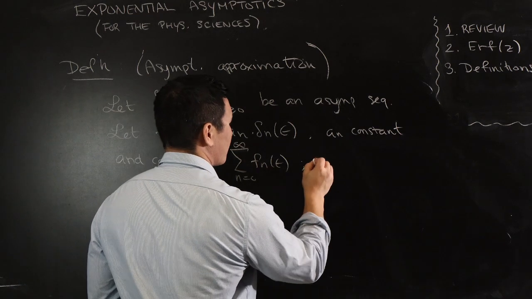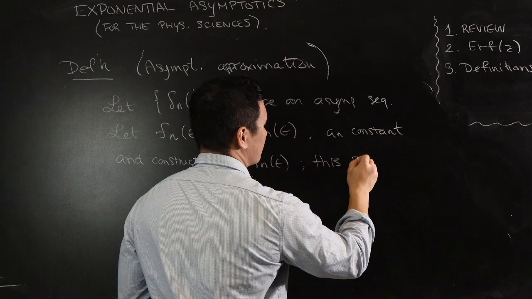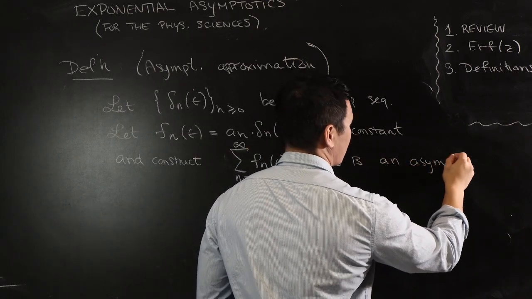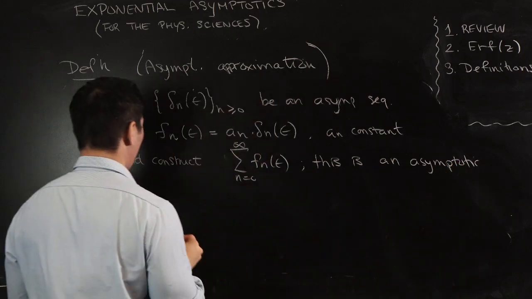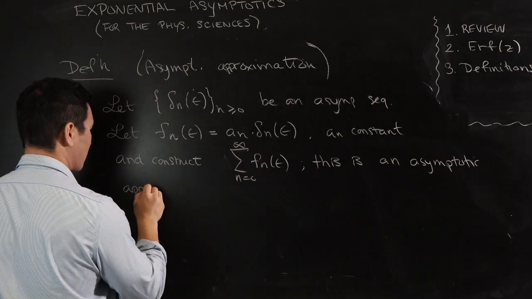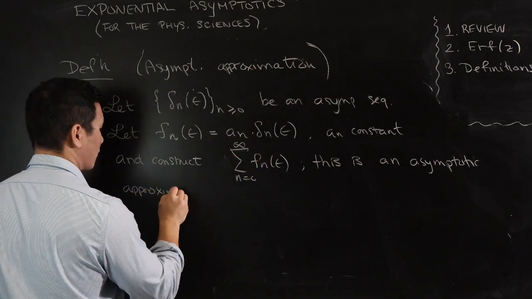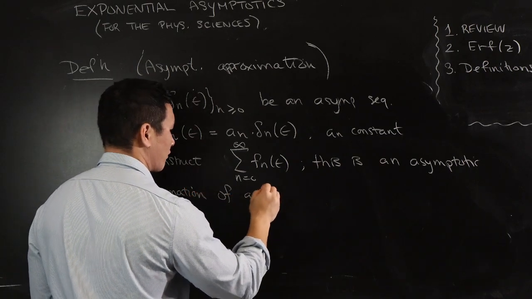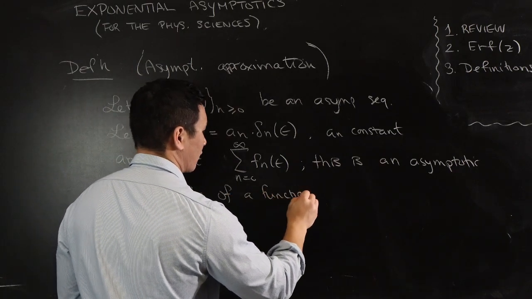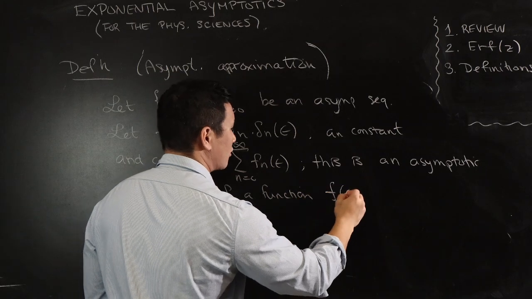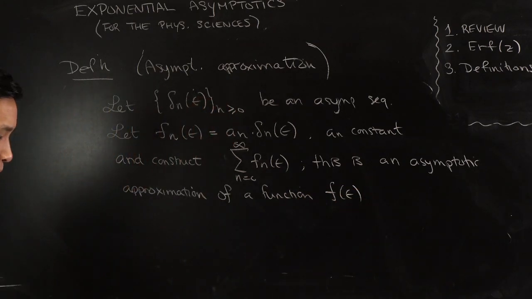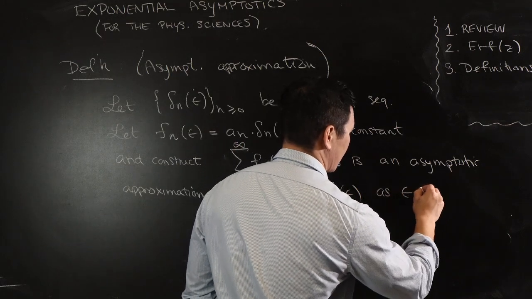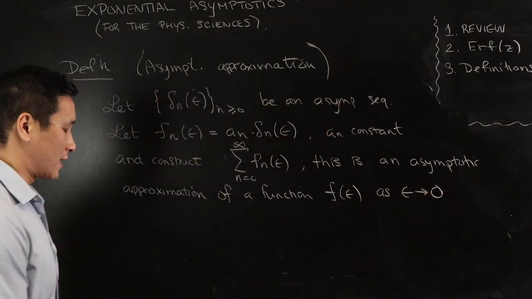Okay, so this is an asymptotic approximation or expansion of a function. Let's say f of epsilon is the true function. This always has to be given in terms of a limit, so you're always taking some limit of epsilon tending to 0.